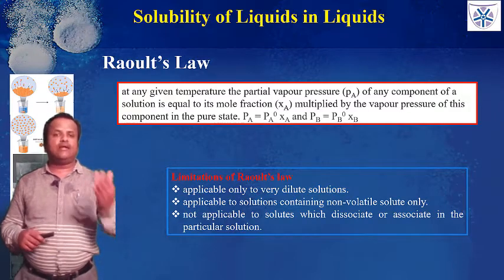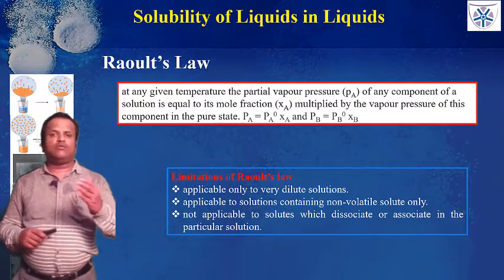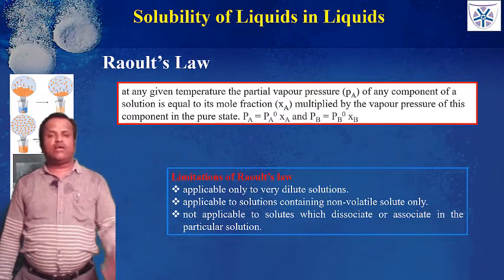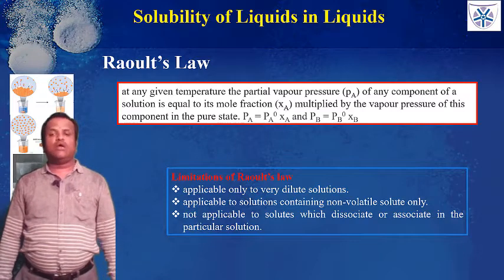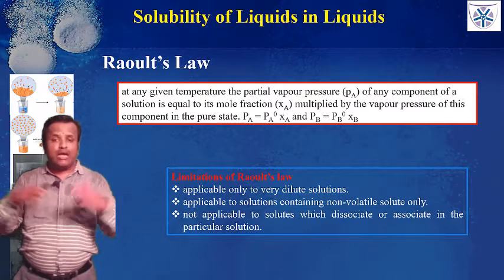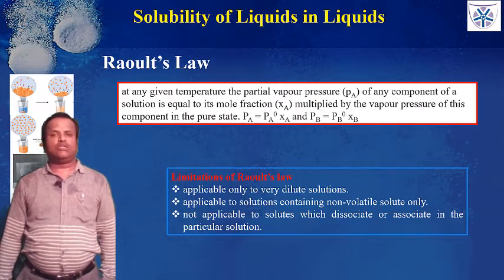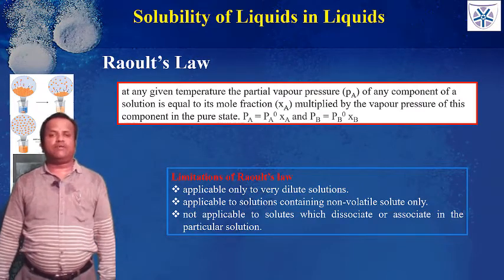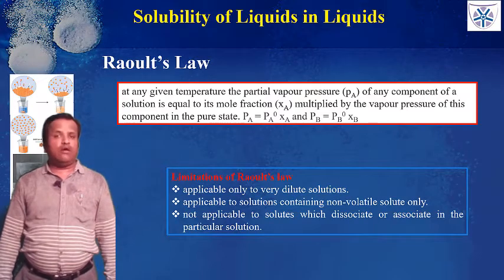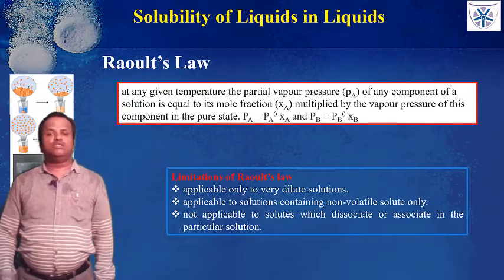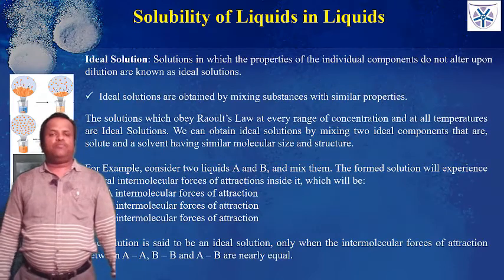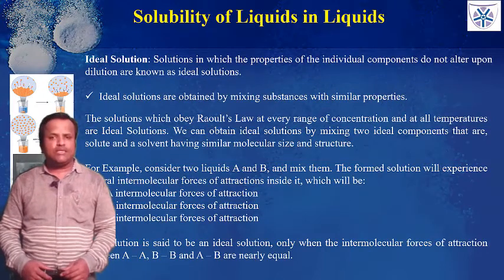The third one is that it is not applicable to solutes which dissociate or associate in the solution. If you take any electrolytes, we cannot use Raoult's law to determine the solubility of liquids in liquids.